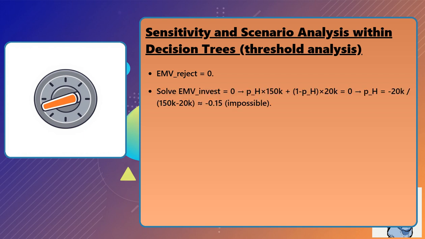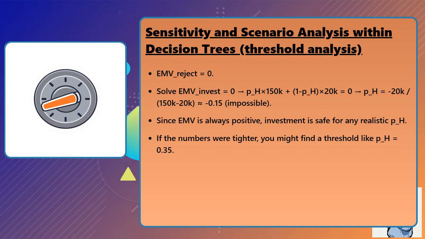Solve EMV invest equals 0: pH times 150,000 plus (1 minus pH) times 20,000 equals 0. pH equals negative 20,000 divided by (150,000 minus 20,000), approximately negative 0.15. Impossible. Since EMV is always positive, investment is safe for any realistic pH. If the numbers were tighter, you might find a threshold like pH equals 0.35.